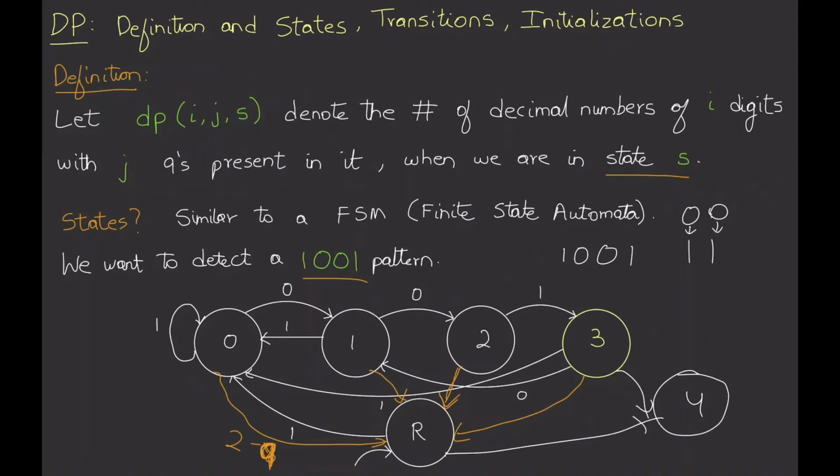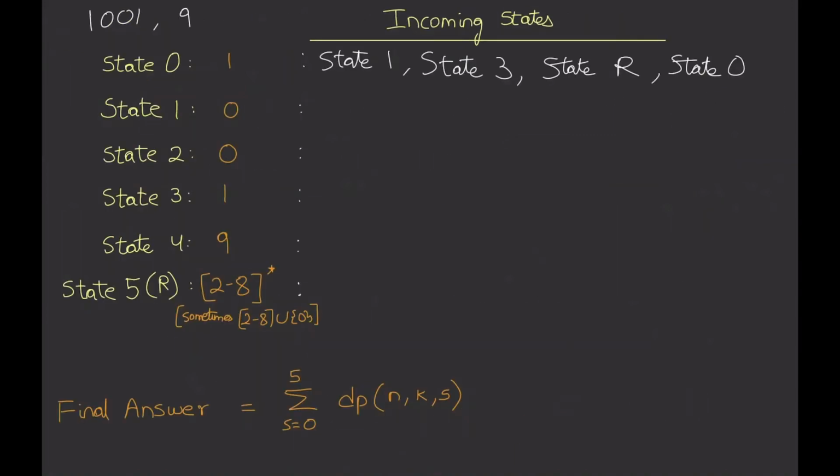Just keeping that in mind, that means from state 4, after seeing a 9, I can see a 1, so I can go to state 0 from here. So from state 4 I can go to state 0. These are all the states from which I can go to state 0. In a similar way, let us do state 1.